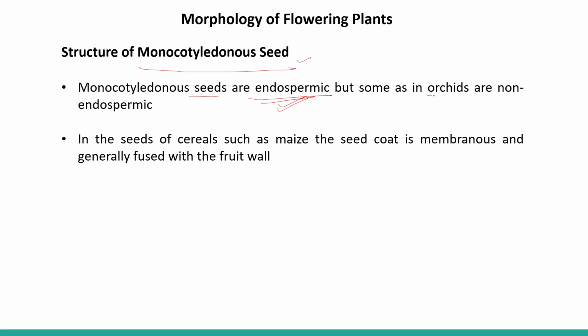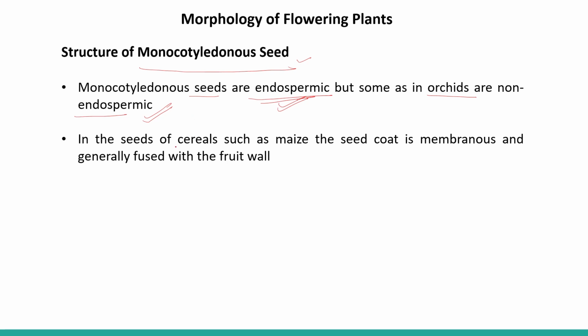But some, such as orchids and Sagittaria, as we have discussed, are non-endospermic seeds. Generally, however, the seeds of monocotyledons are endospermic.